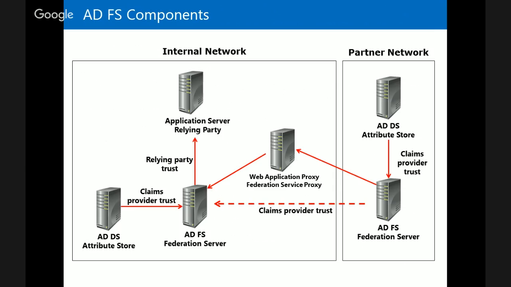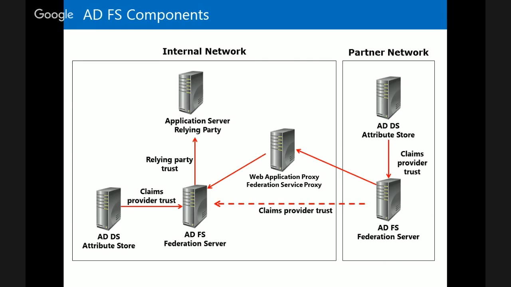This may, however, go through the web application proxy, Federation service proxy, which is the old name. My Federation server internally also has a claims provider trust with my Active Directory environment as well. Somewhere also in my environment, I have a resource that I want to make available both internally and to people in the partner network.